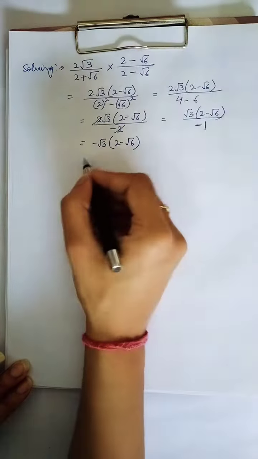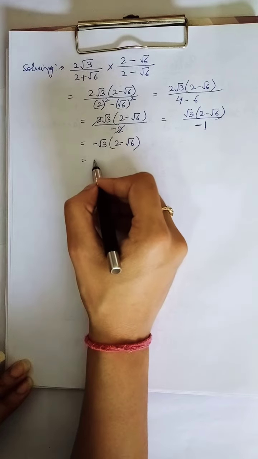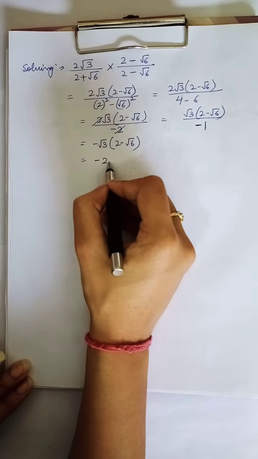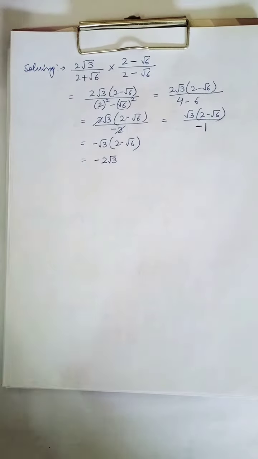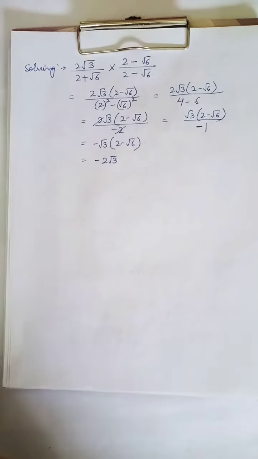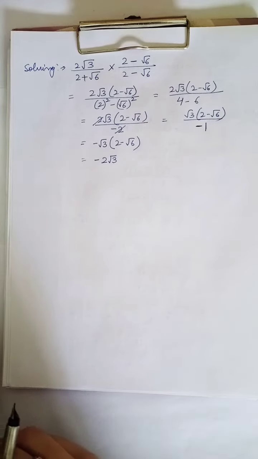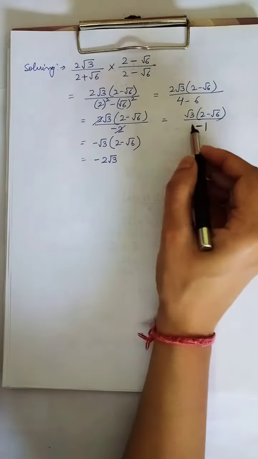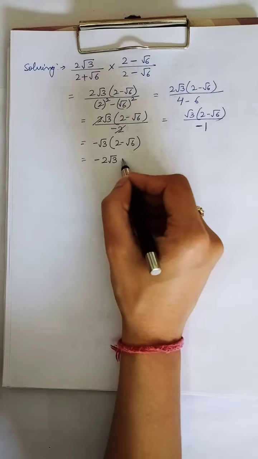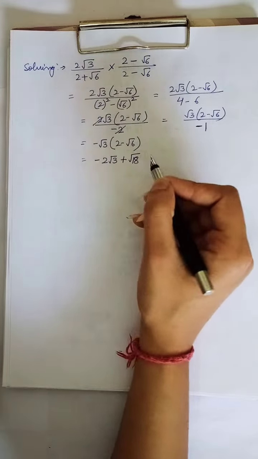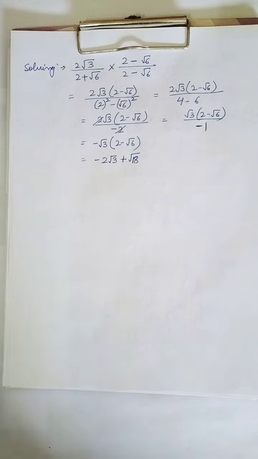Okay. Now multiply it. Minus 2 root 3 minus 2 root 3 plus root 18. Okay, so after solving this we will get this.